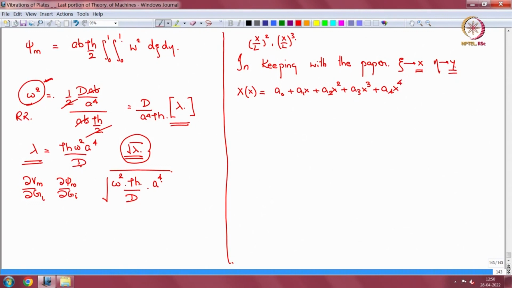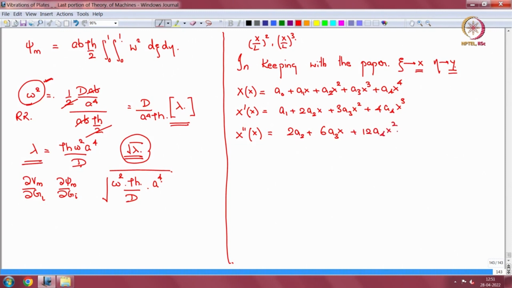Then my X dash is a1 plus twice a2 x plus 3 a3 x square plus 4 a4 x cube, and X double dash is twice a2 plus 6 a3 x plus 12 a4 x square.